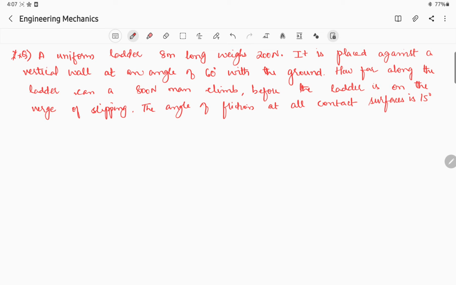Okay, so I'll draw the figure here. This is the given figure. The diagram is given in the question itself.